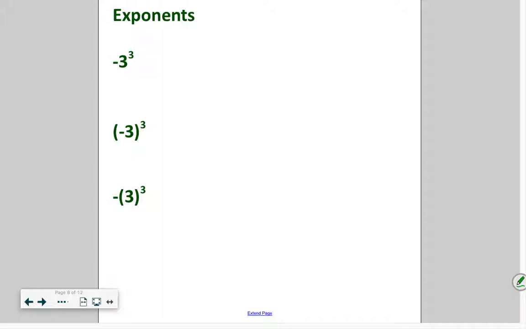That could be one way of thinking about it. Is this negative being protected by a parentheses? No, it is not. So this negative is really a -1, and then we are taking the base of 3 to the 3rd power times itself 3 times. So it's a -1 times 3 times 3 times 3. Please write that underneath that question in your notes.